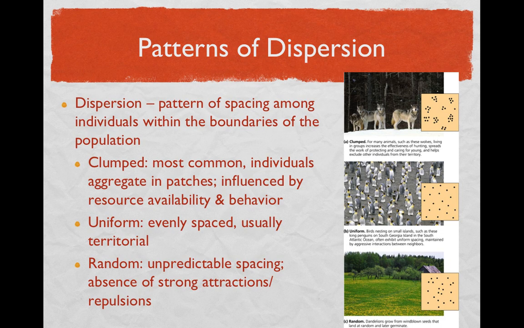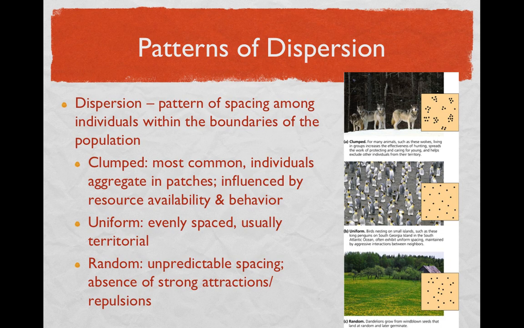Either they're clumping together because of resources, so they need to clump around the water or the availability of particular food sources. But a lot of it also comes from behaviors. So for the wolves that they show there in the picture, they live in groups because it increases their ability to hunt. All right, so they hunt in packs.